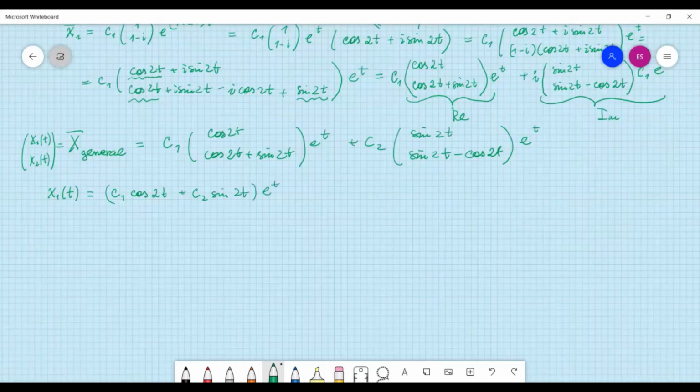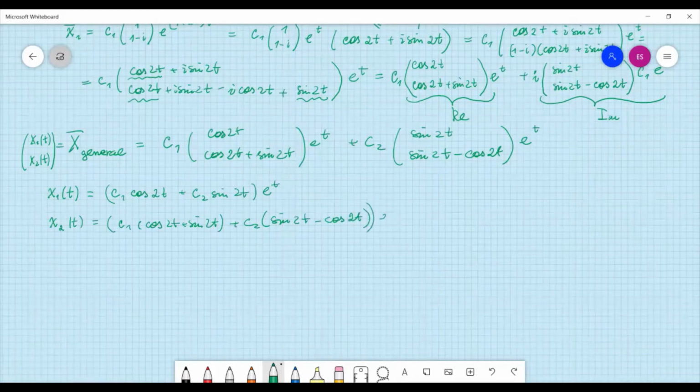And over here, x2 of t is going to be a little bit more complicated. It's going to be c1 cosine of 2t plus sine of 2t plus c2 sine of 2t minus cosine of 2t, and e to the power of t.